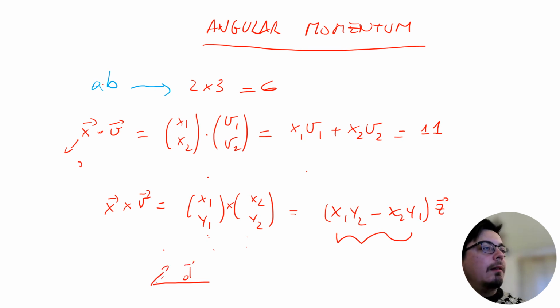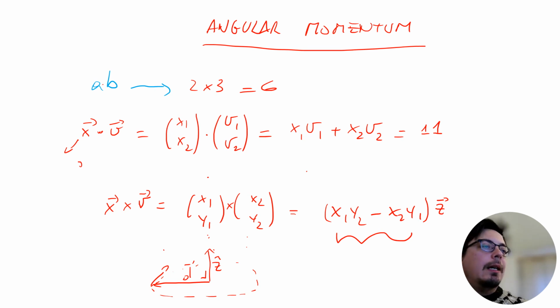They're in the same plane where the rotation happens, and then you stick out the vector z in this case, which is orthogonal to those two vectors, 90 degrees, as we said. This is the simple case. This is the generic expression.